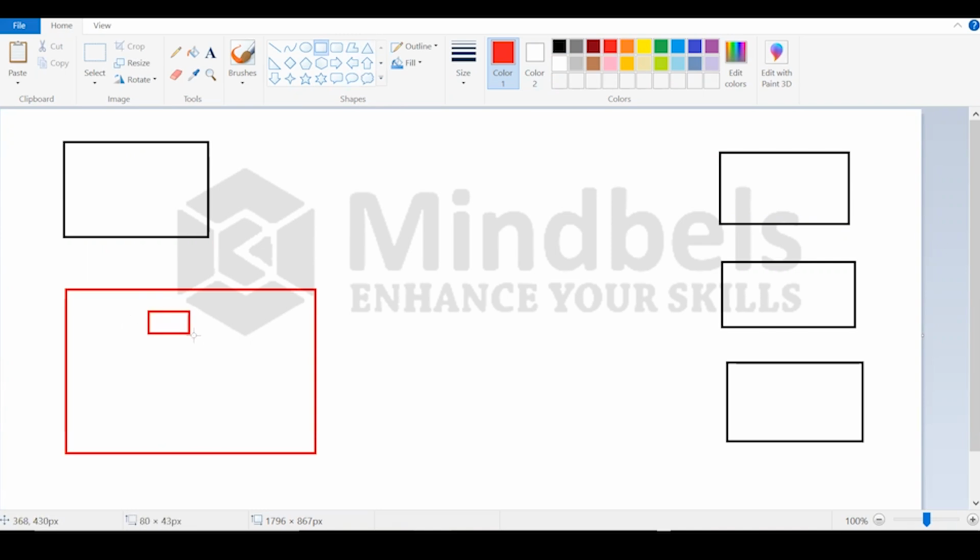they will share... Sorry, I don't have that much drawing skill, excuse me for that. Let's say this is my master data, and similarly I have transactional data.